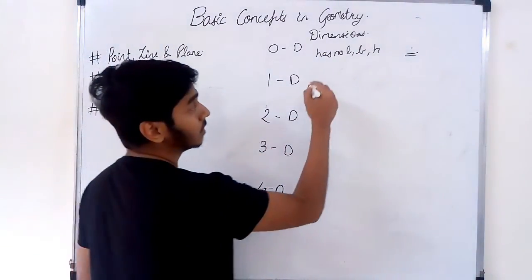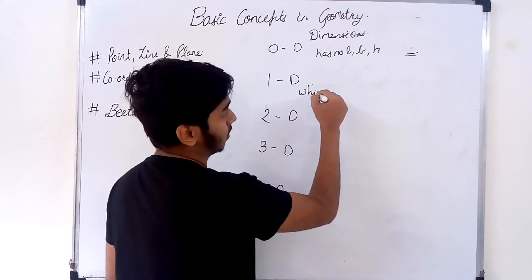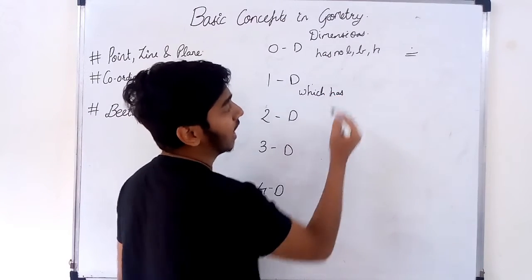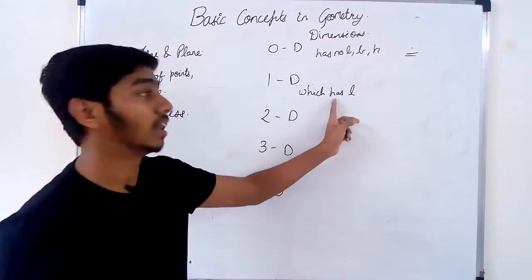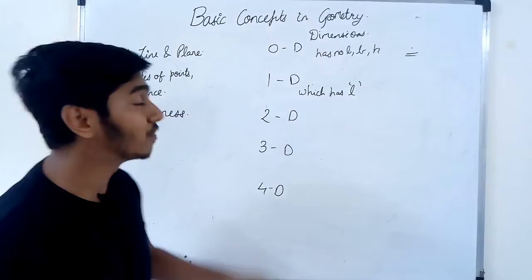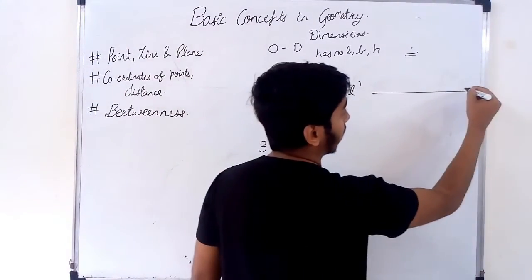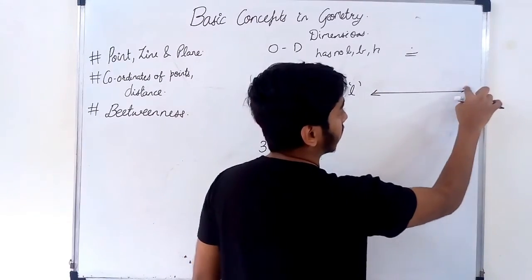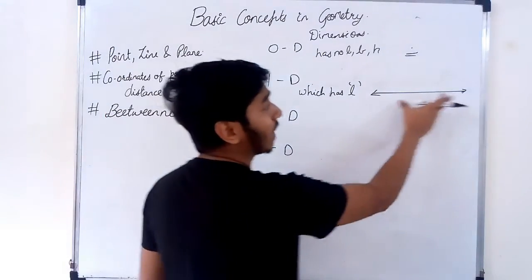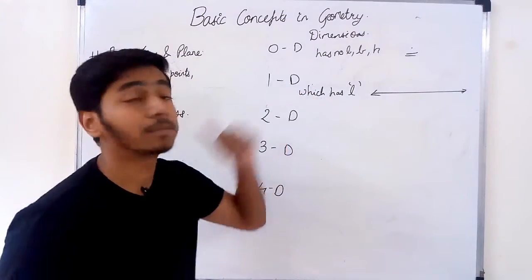One dimension is which has just length. So if you see what a line is, if I draw a line, this is a line. I can find the distance or the length of this line, correct? So that comes under 1D.